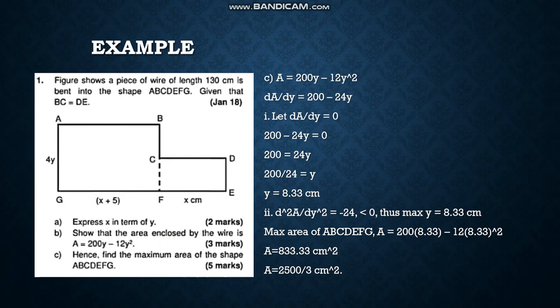And then for question C, which is related to our main topic, which is the maximum. In order to solve this, we just differentiate the area that we got before.